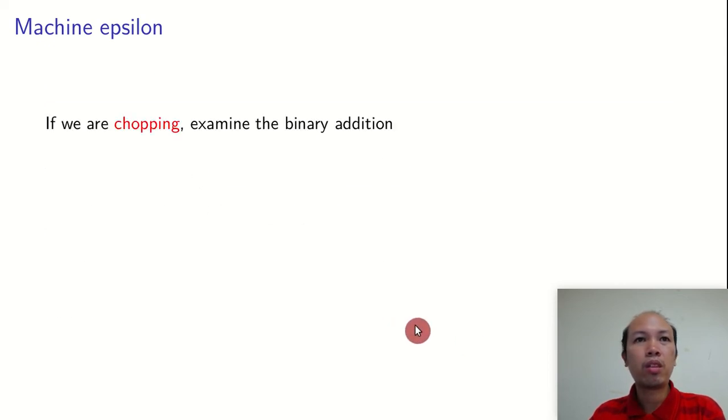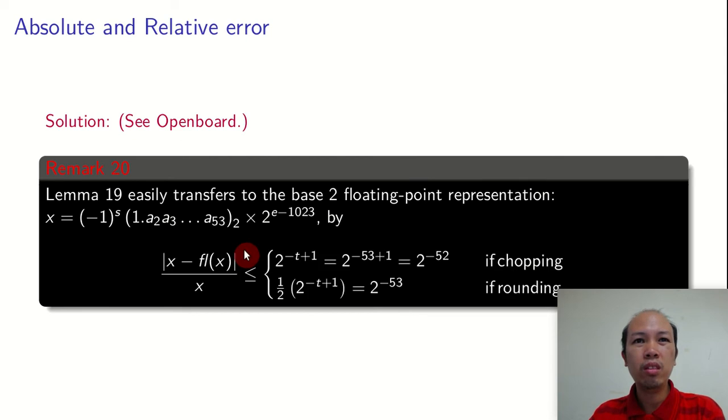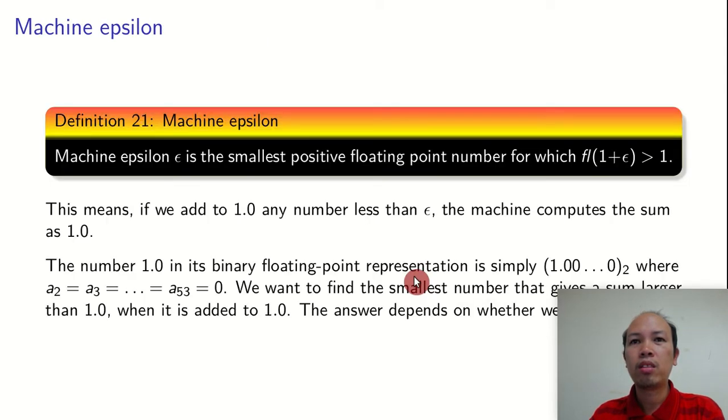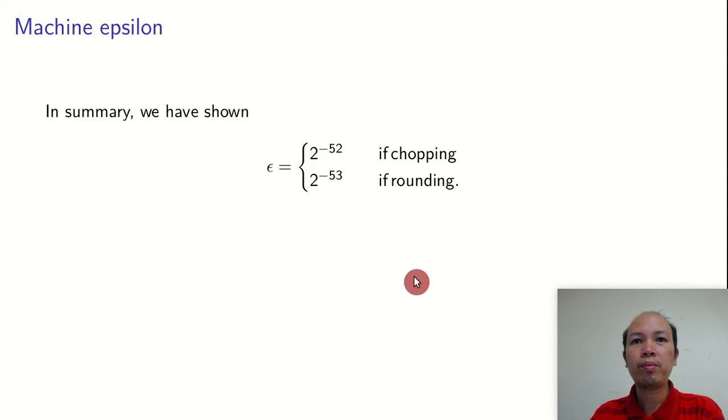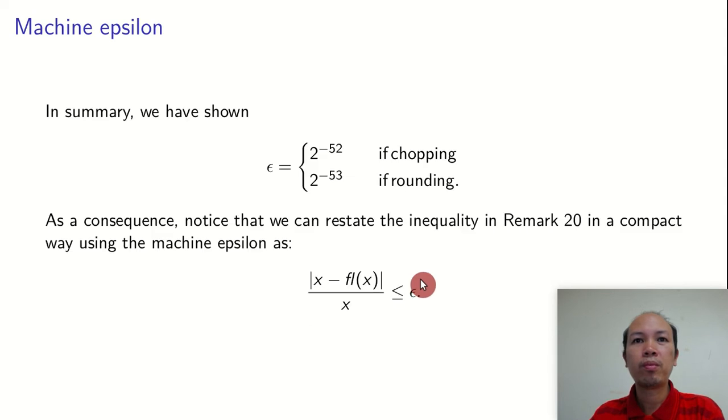this remark 20, where are you, this one here, so this is our epsilon. Okay, so you can restate remark 20 in this form, where epsilon is equal to this one.